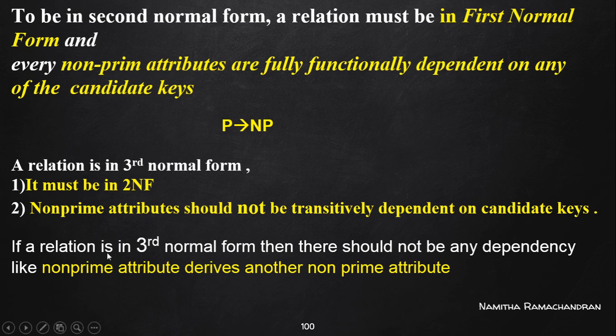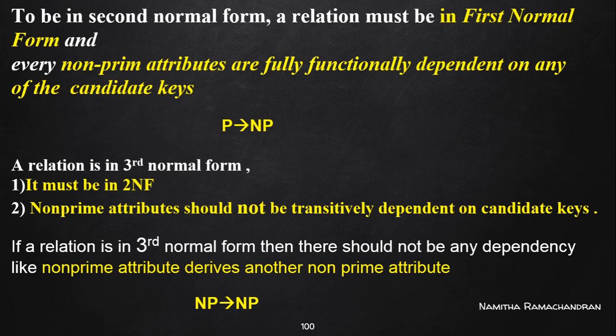The third normal form tries to remove the redundancies due to this type of dependency.